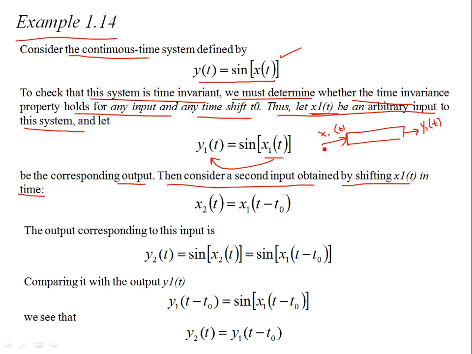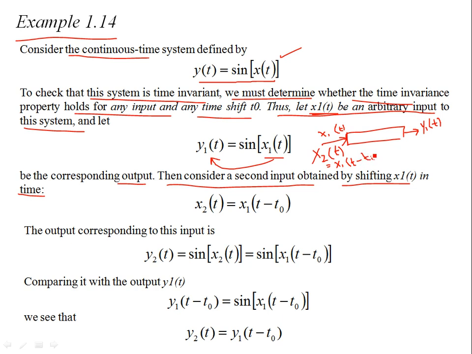That is, you now introduce another input x2(t), which is just a delayed version of x1(t), as we've talked before. So x2(t) is my x1(t) waveform, just shifted in time with a certain delay, call it t naught.